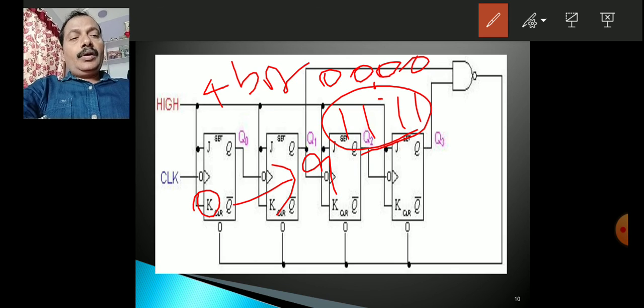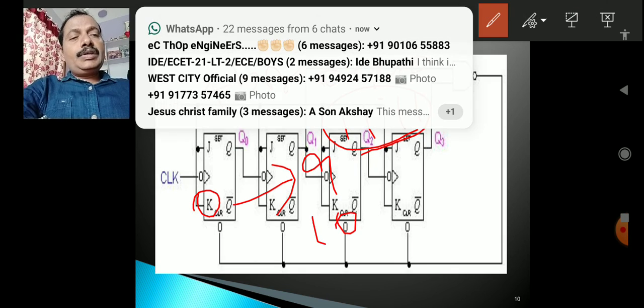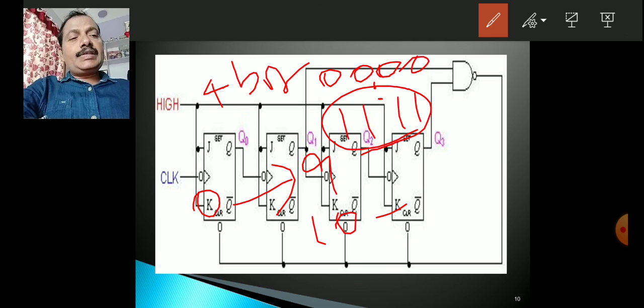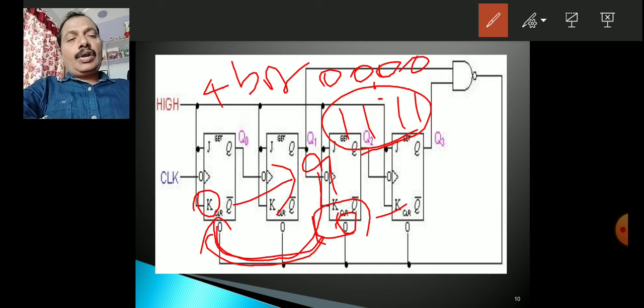At the 10th count, it should reset to 0 and start again from 0 to 9. After 9, it should go back to 0. That is our aim.